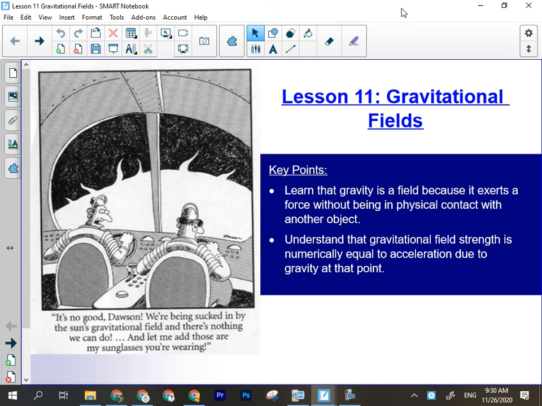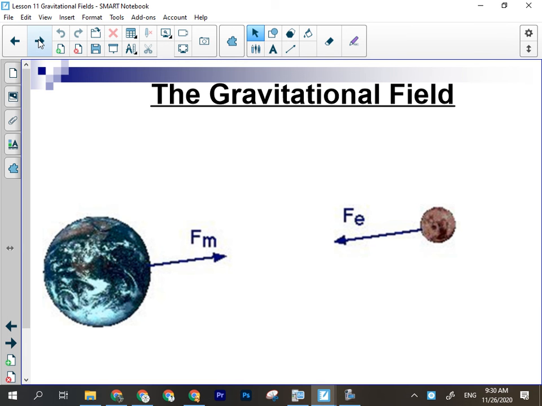So gravity is a field force because it exerts a force without being in physical contact with another object, and gravitational field strength is numerically equal to acceleration due to gravity at a given point. And we know obviously that acceleration due to gravity is different depending on how far from the center of the Earth you are, and that there are places on Earth where you are going to experience greater acceleration than others. All right.